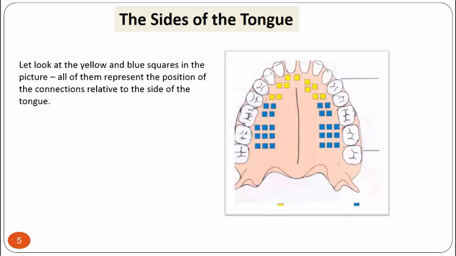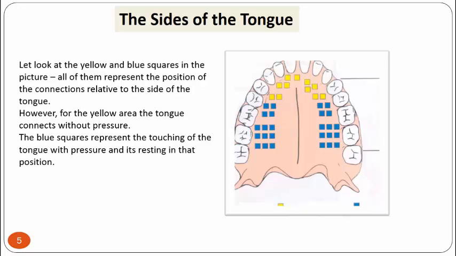The sides of the tongue connect to these teeth, inshallah. However, for the yellow area, the tongue connects without pressure, and this is important to note. The blue square represents the touching of the tongue with pressure, and it rests in that position, staying for a while in that position.